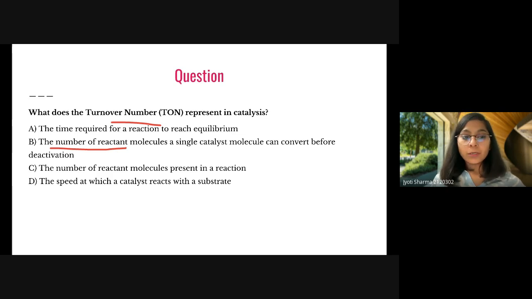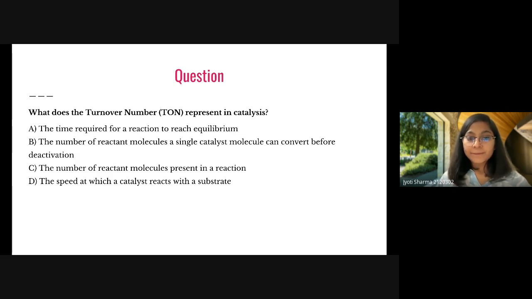Then the turnover number will be 5, because this is the number of reactant molecules. So first we have to calculate the number of reactant molecules and then a single catalyst molecule, and if we divide that, that will give you the turnover number. So let's see the explanation for this.